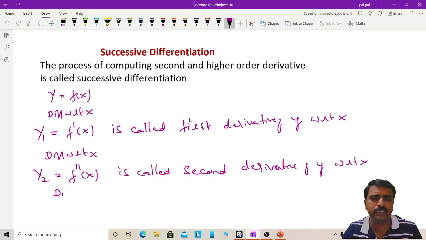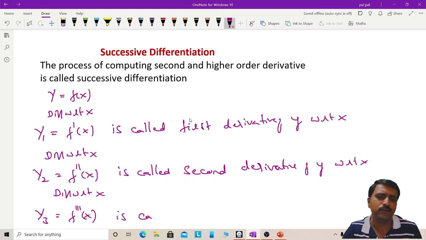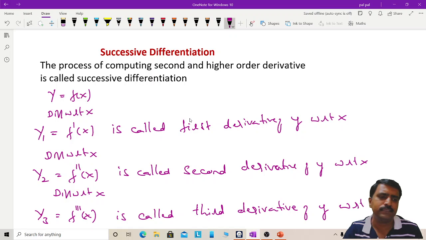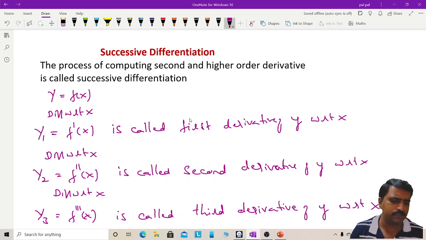Again you differentiate y2 with respect to x. What does it give? y3. y3 is equal to f triple dash of x, called the third derivative of y with respect to x.